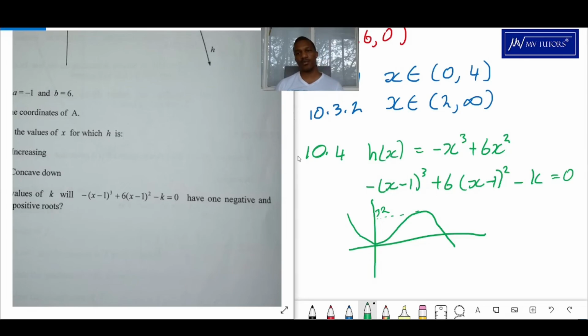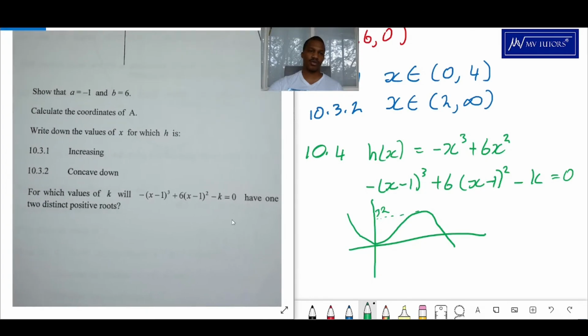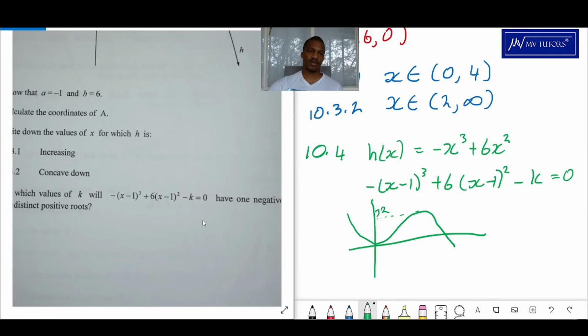It has one positive root, the x-intercept, and the turning point at 0 is neither positive nor negative, so it really has just one positive root. But here they say they want it to have one negative and two distinct positive.